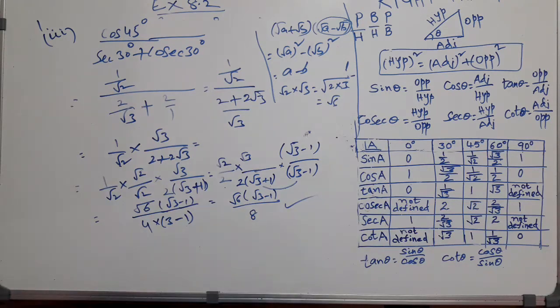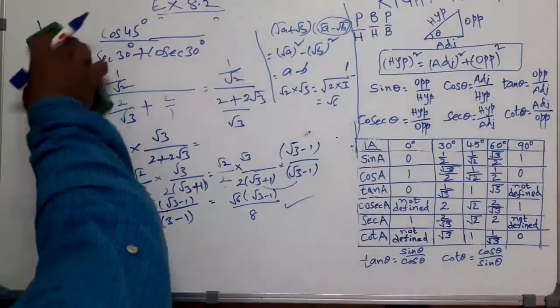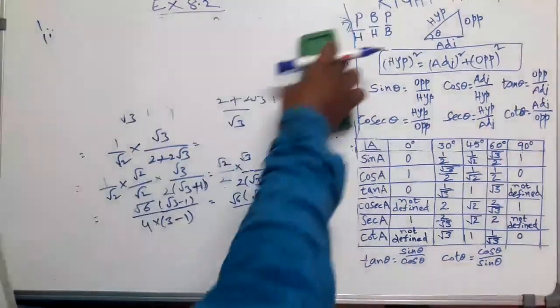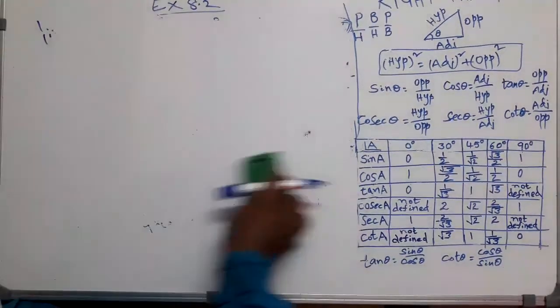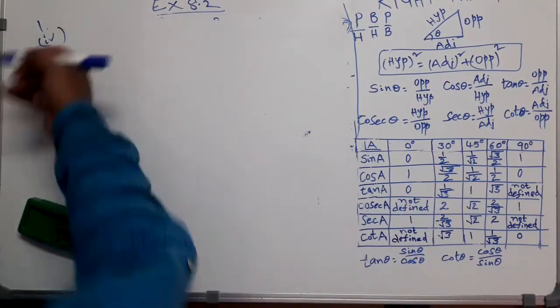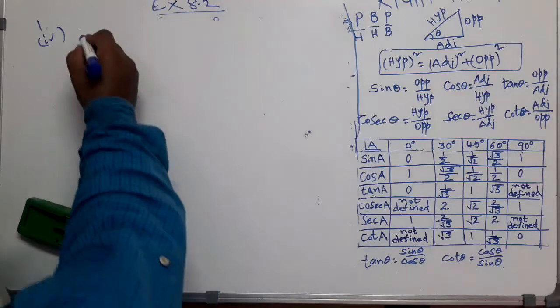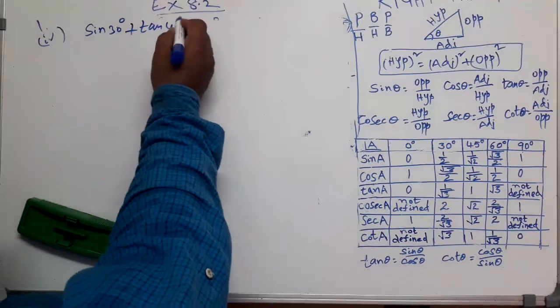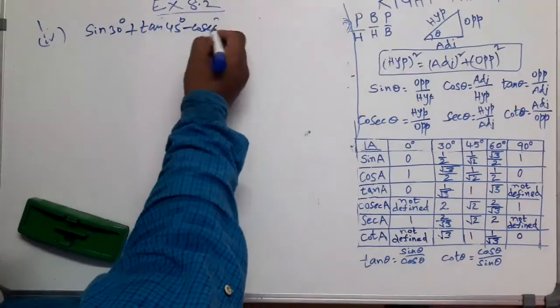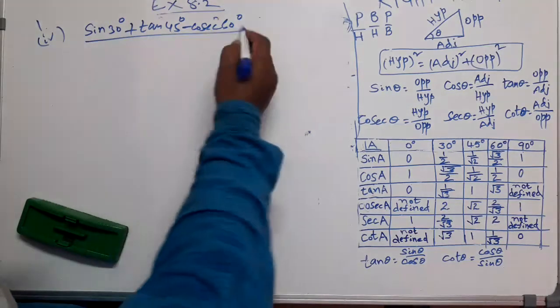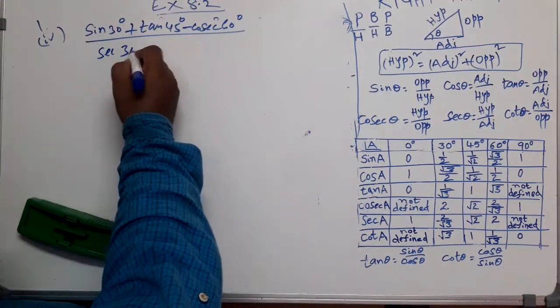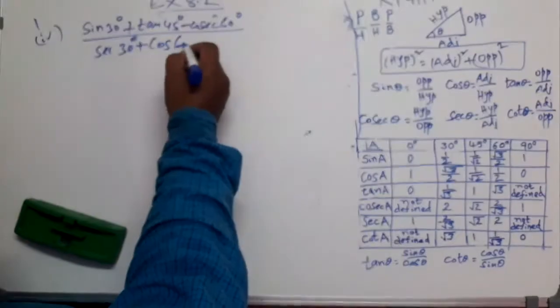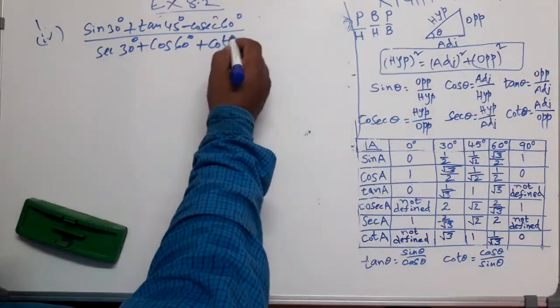Next, let us see part 4. This is sine 30 degrees plus tan 45 degrees minus cosecant 60 degrees upon secant 30 degrees plus cos 60 degrees plus cot 45 degrees.